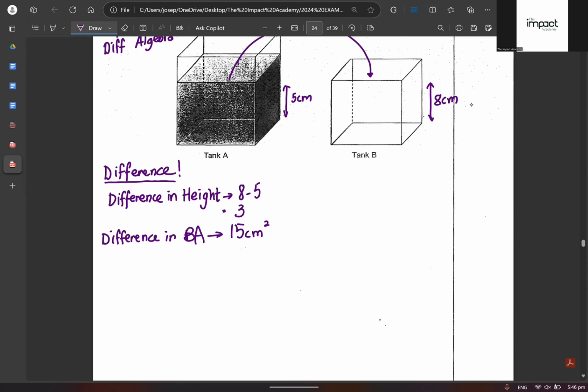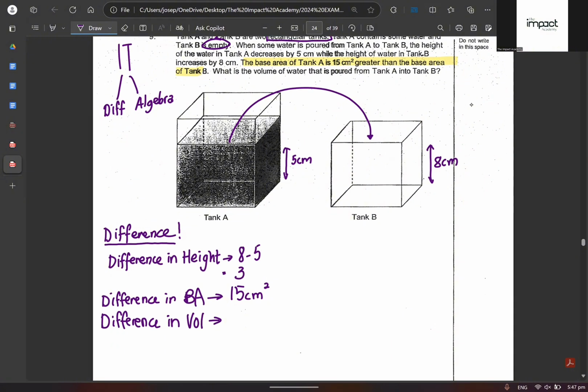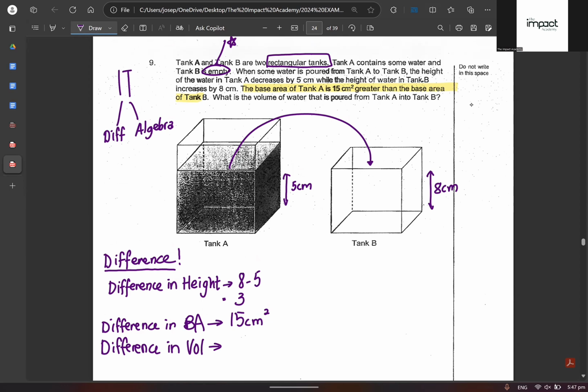Now, what else can I find? Because you see, there must be a difference in volume, right? Why is there a difference in volume? What do you think is the difference in volume? The difference in volume is basically the amount that was poured out. Why 15? No, it's not 15 times 3. It's the amount that was poured out. And remember, B is empty. B has nothing at all.